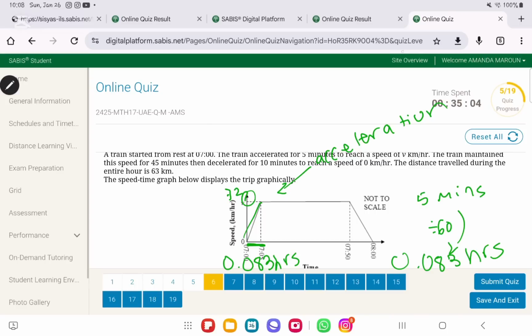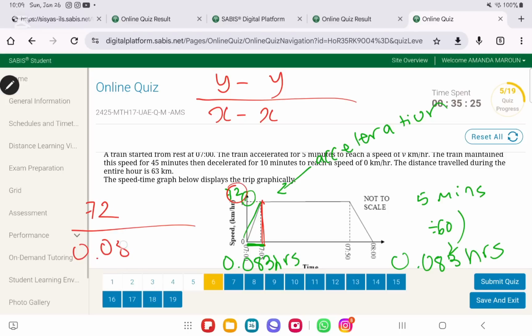So to find now the acceleration, we are going to apply the slope rule, which is y minus y over x minus x. So we're going to take the first y, which is 72, and we are going to take its corresponding x, which is 0.083, minus the second y, which is 0, minus the second x, which is 0.